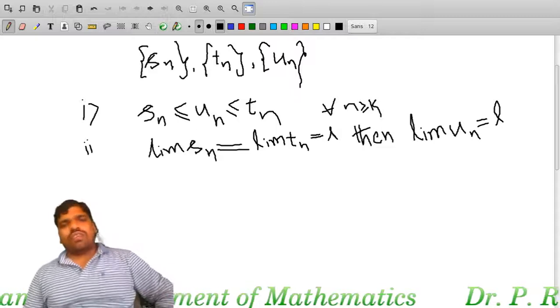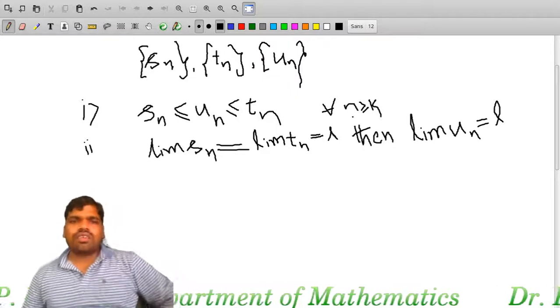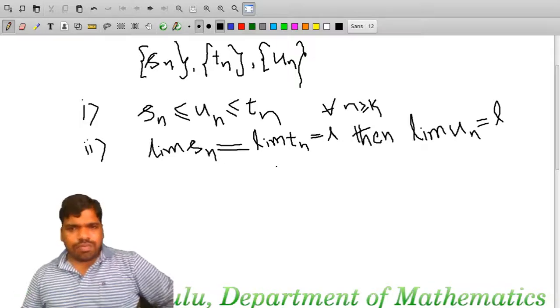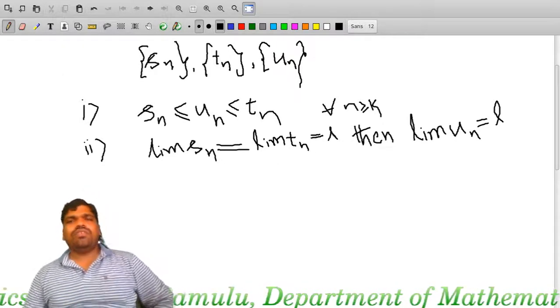First one: Sn less than or equal to Un less than or equal to Tn for all n greater than or equal to k. Second one: lim Sn equals lim Tn equals L, then lim Un equals L.